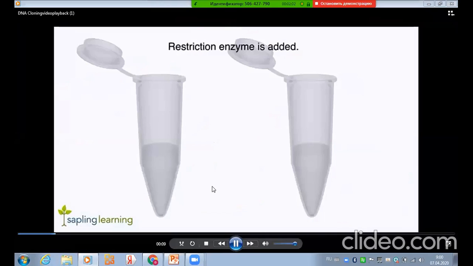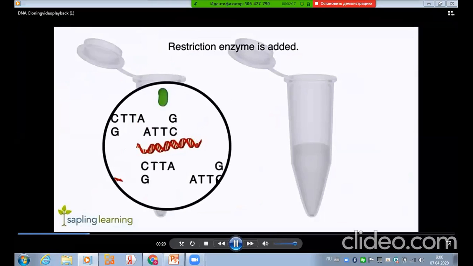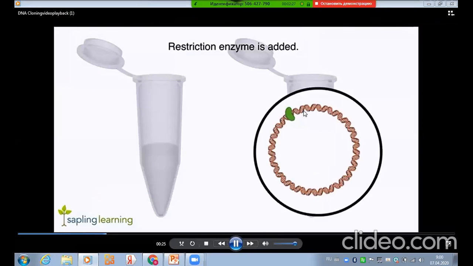We see the plasmid and the gene of interest, and added the restriction enzymes to cleave the DNA molecule. The gene of interest is cleaved and the vector is cleaved at the same position.